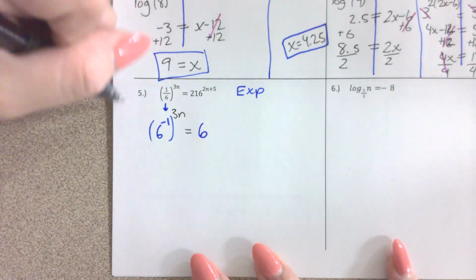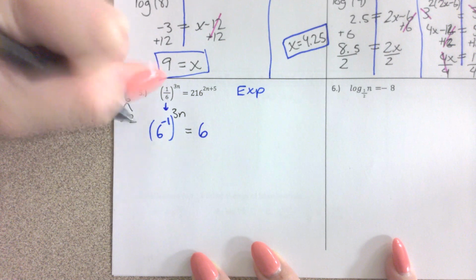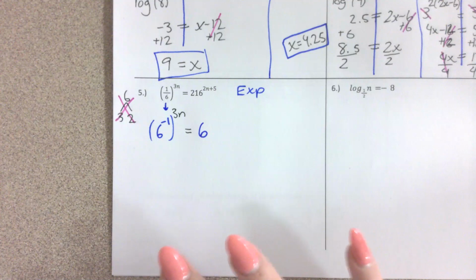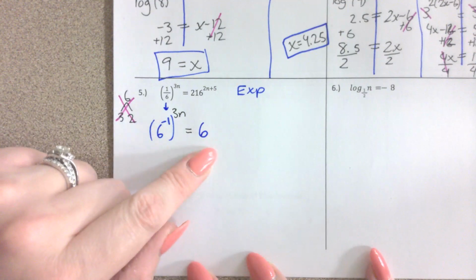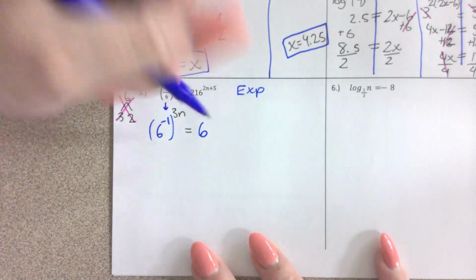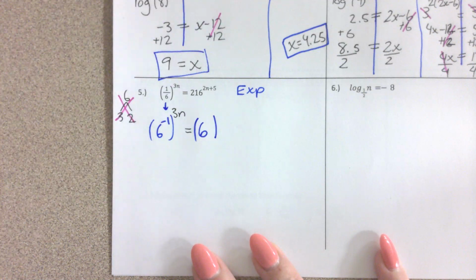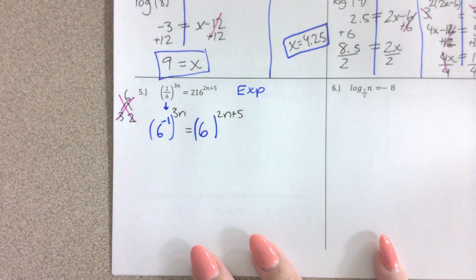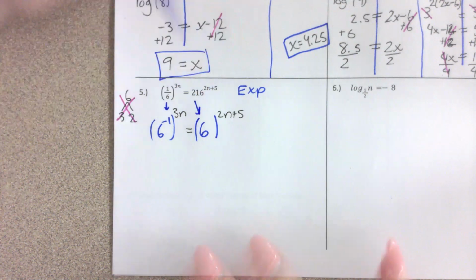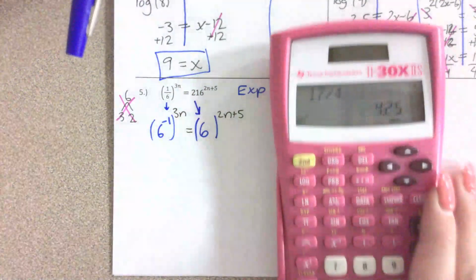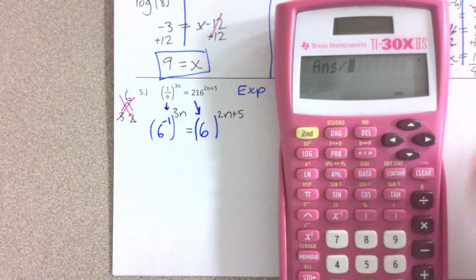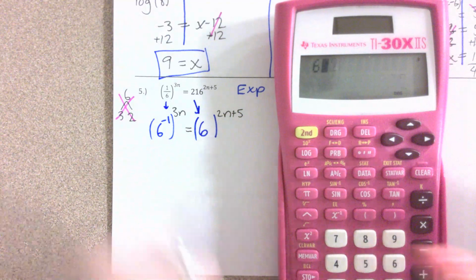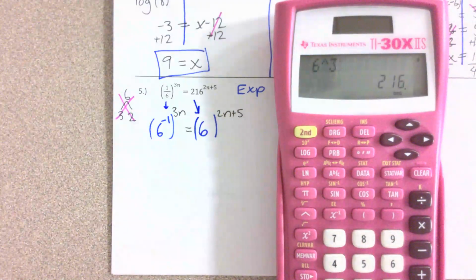And I can't break this 6 down if I want to. I'm just going to demonstrate that real quick. 6 breaks down into 2 and 3, and they are different numbers, so it does not break down. So 6 has to be my base. And I'm going to figure out what the exponent is in just a moment. Bring down the exponent 2n plus 5. Now again, you want the exponent that will turn 6 into 216. So again, start with your base, 6. 6 squared we know is 36. 6 cubed is 216.